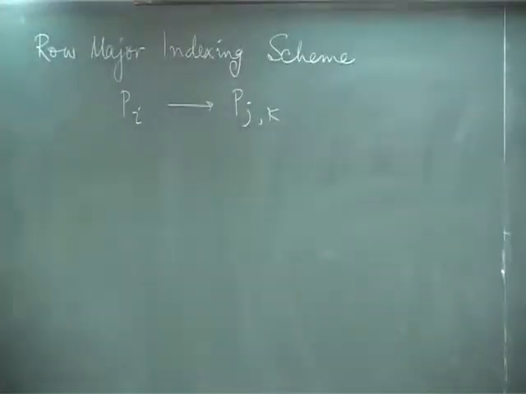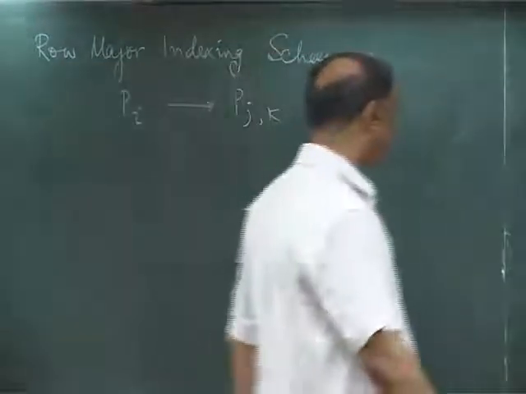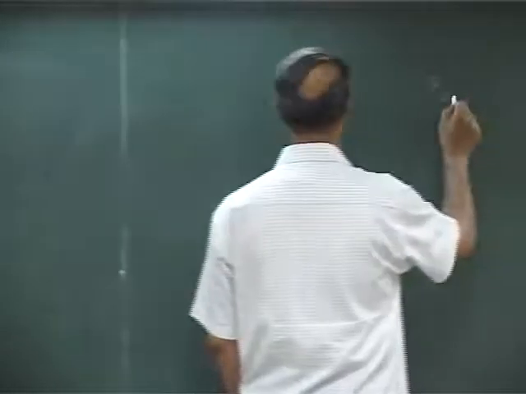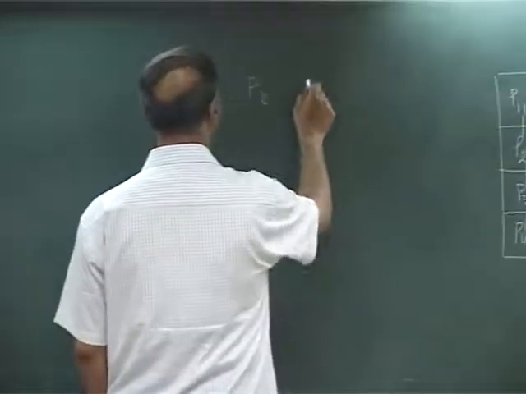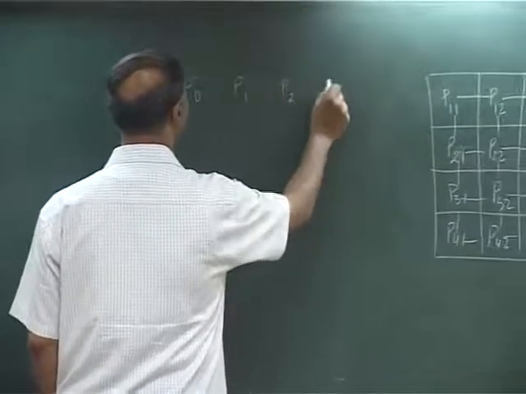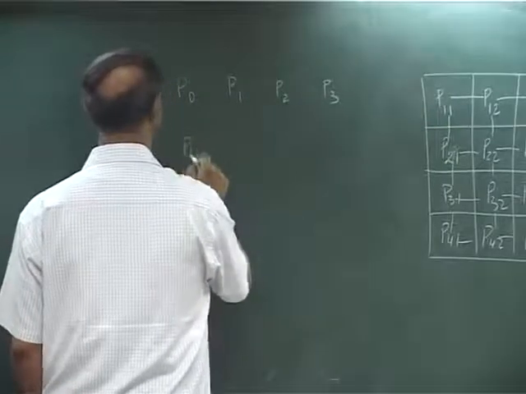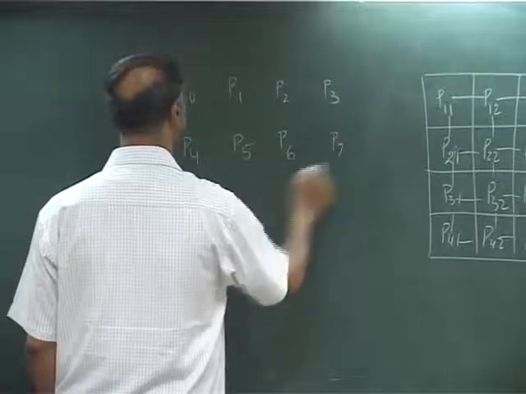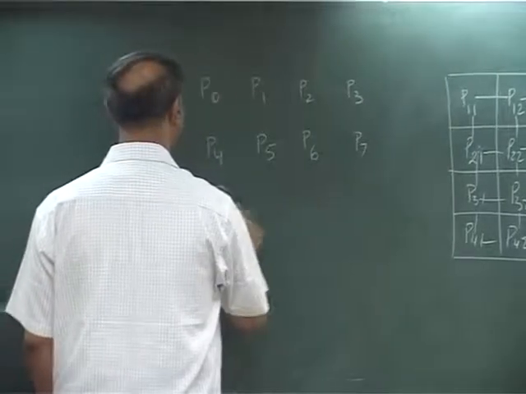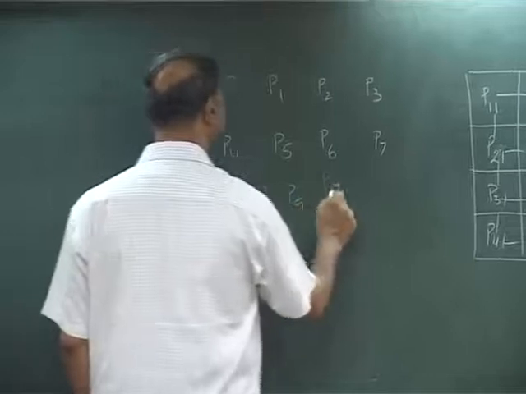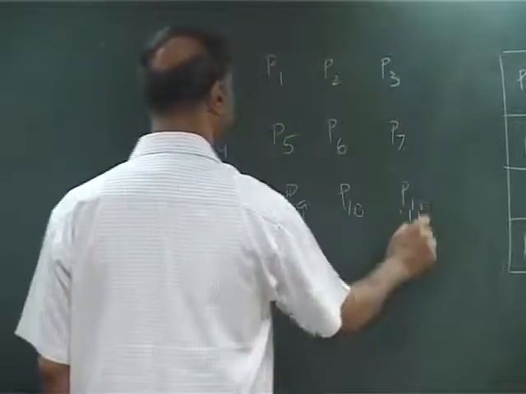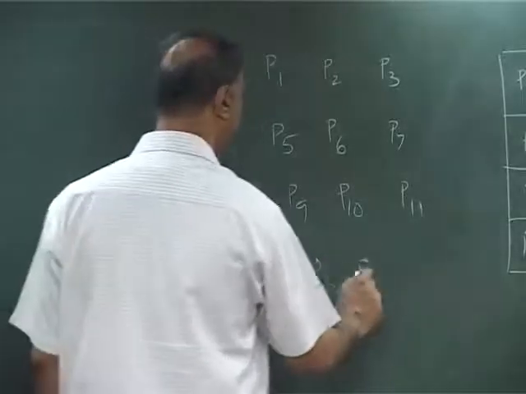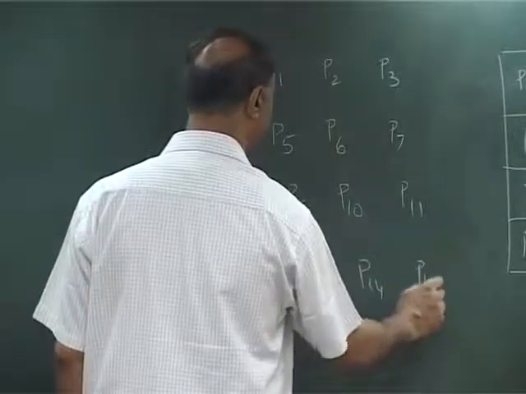Now, indexing scheme is, since it is a row major indexing scheme, that the numbering should be like that: P0, P1, P2, P3, P4, P5, P6, P7, P8, P9, P10, P11, P12, P13, P14, and P15.